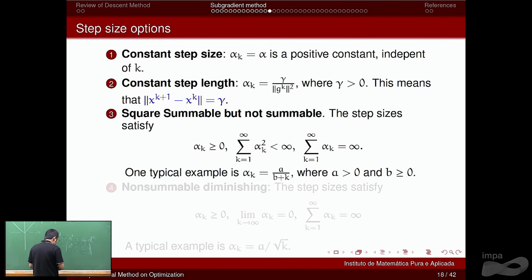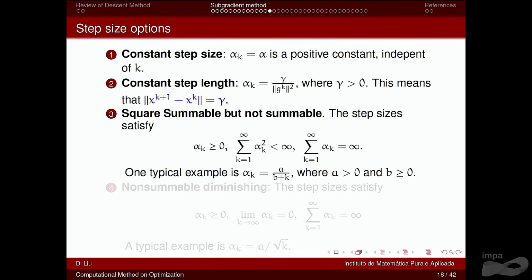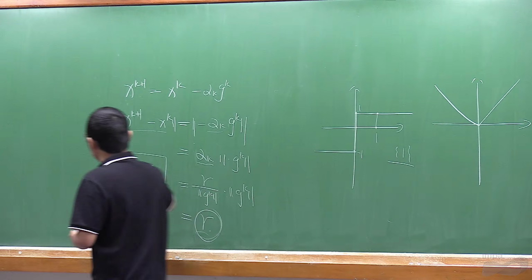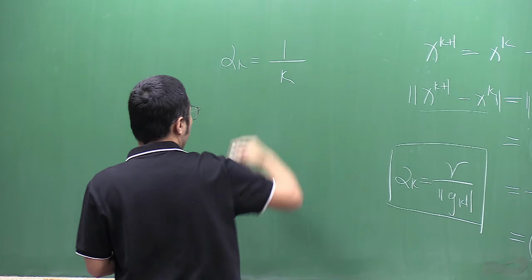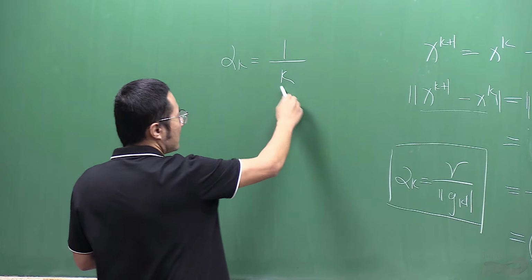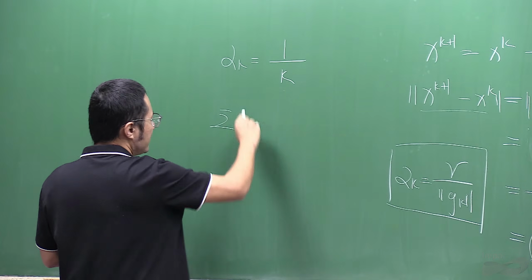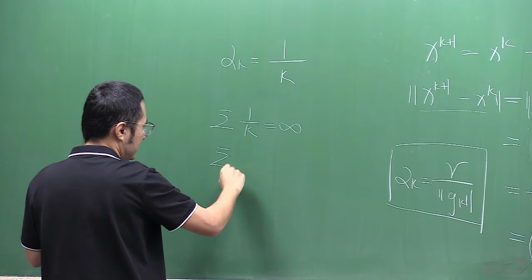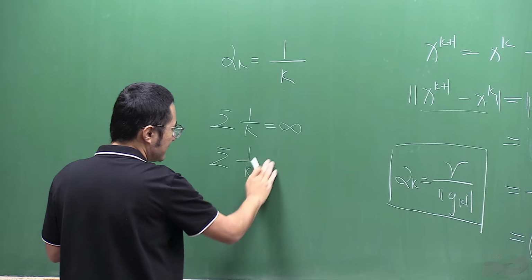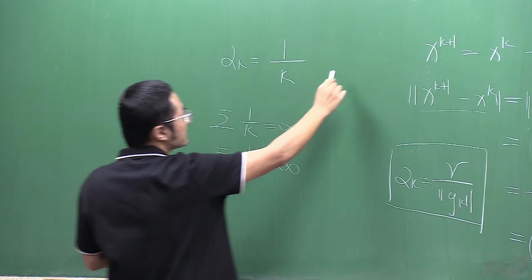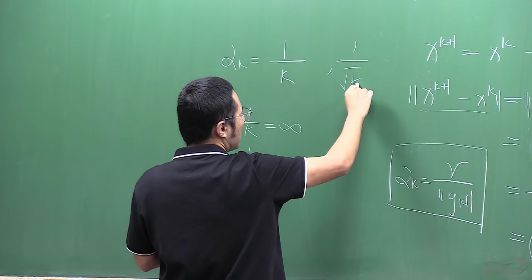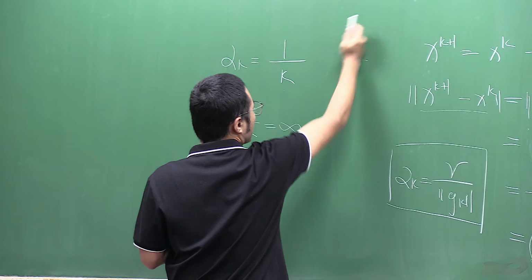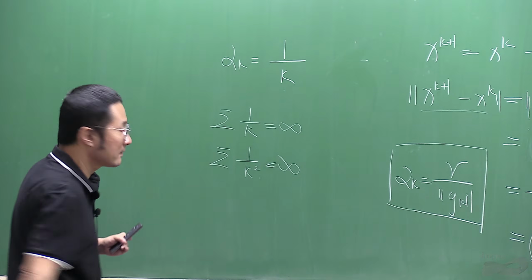One example is to choose 1 over k, because this is non-summable, but its square is summable. Of course, you can't choose something like 1 over square root of k here, since that is not square summable anymore.